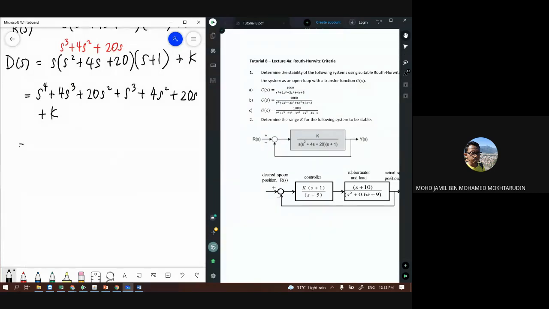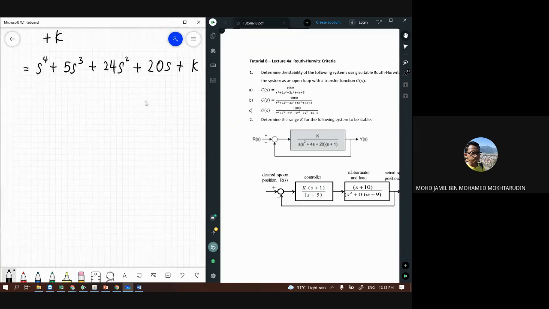And then simplify. So we get S to the power 4 plus 5S cubed plus 24S squared plus 20S plus K. So you get your denominator in expanded form.